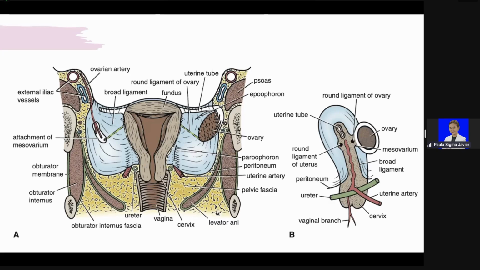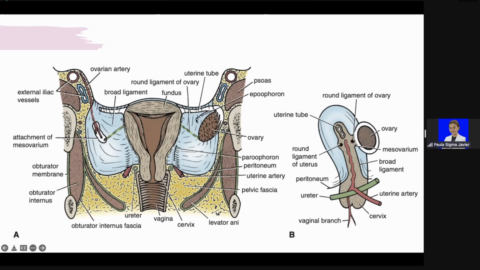In this view, or on coronal section, we can't really see the attachment of the suspensory ligament. But it is supposed to be here, suspending the ovary to the lateral wall of the pelvis. Okay, this whole blue thing is your broad ligament.